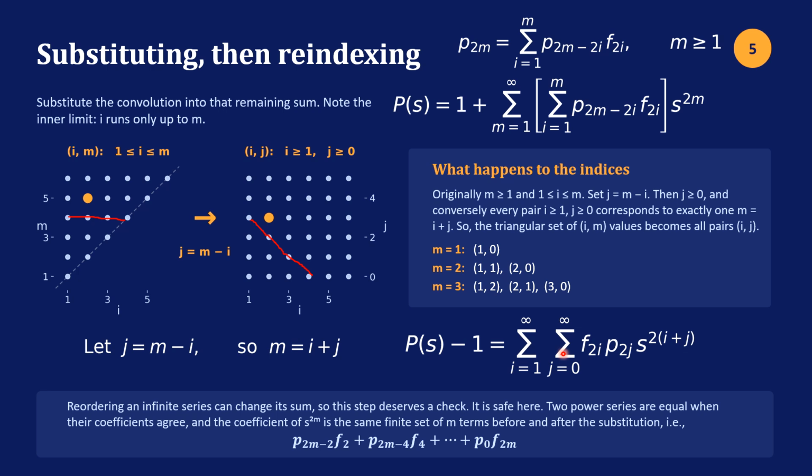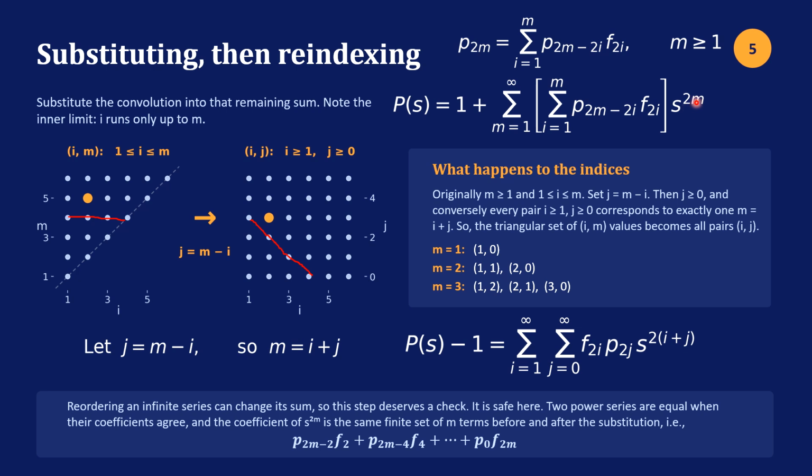And you may be questioning why I was able to switch the order of the summations, because that doesn't always work. And it's safe to do here because the two power series are equal when their coefficients agree. And the coefficients of s to the 2m is the same finite set of m terms before and after the substitution. In fact, it's this here.